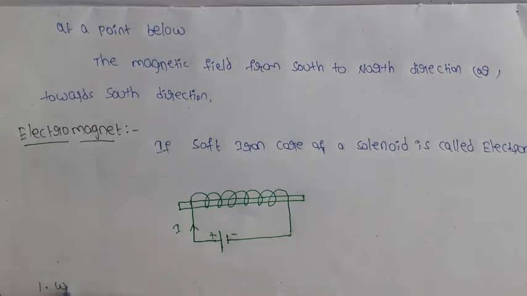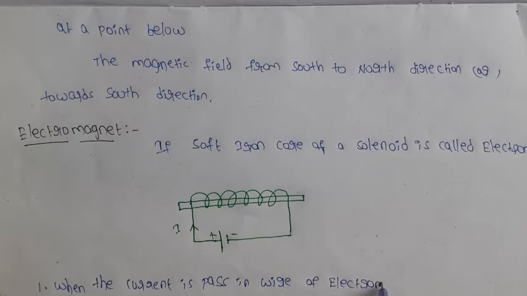When the current is passed in the wire of the electromagnet, the soft iron core works as a magnet.